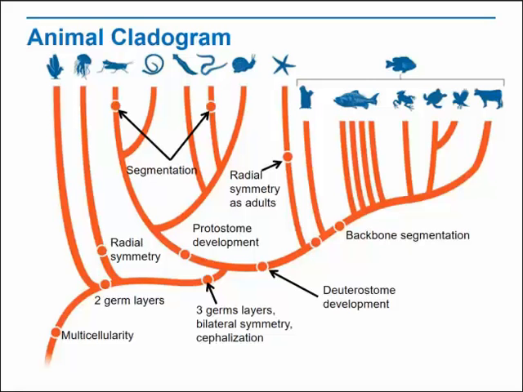The cladogram shown here presents scientists' current understanding of relationships among animal phyla. Animal phyla are typically defined according to adult body plans and patterns of embryological development. For example, the body plan of the phylum Arthropoda includes bilateral symmetry, segmentation, cephalization, an external skeleton, and jointed legs.